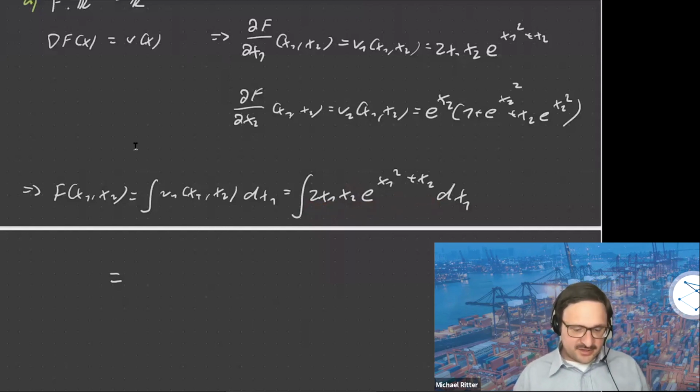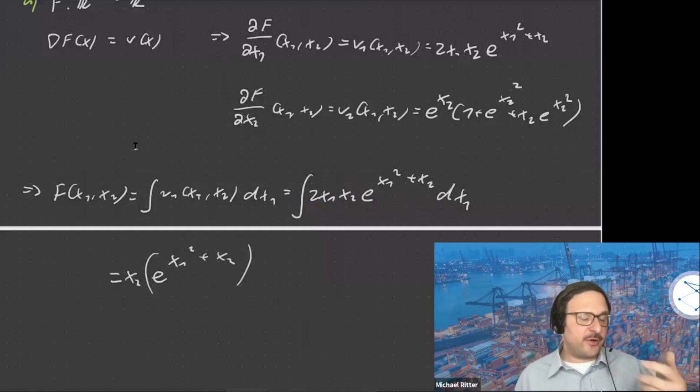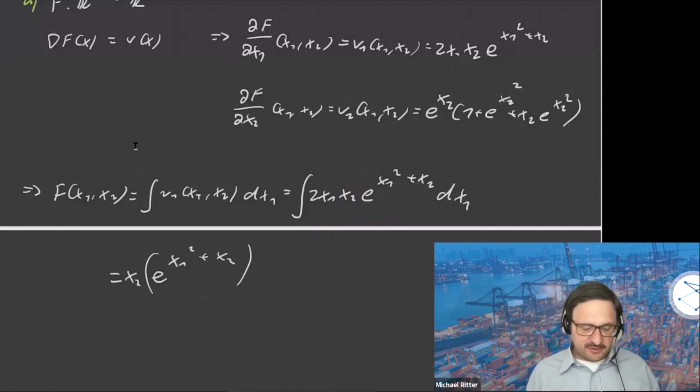So what that means is the integral is e to the x1 squared plus x2, and of course, times x2. We just regard x2 as a constant here. We're only integrating with respect to x1, so we can take that out. And the rest is then simply verified by taking the derivative of this here.